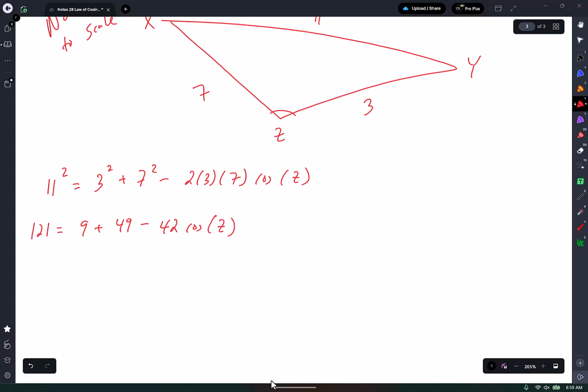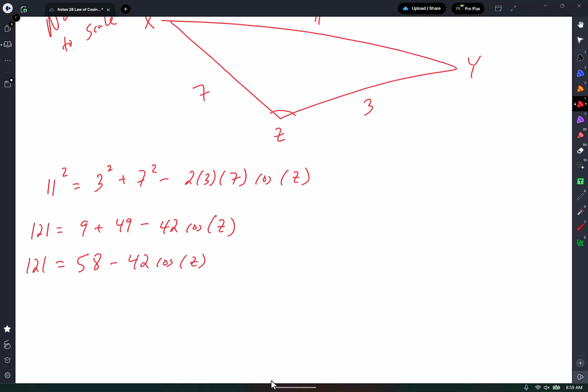Everything is still the same, guys. Still the same deal. 121 equals 49 plus 9. That's going to be 58. I'm going to move the 58 to the other side. Minus 58, minus 58.